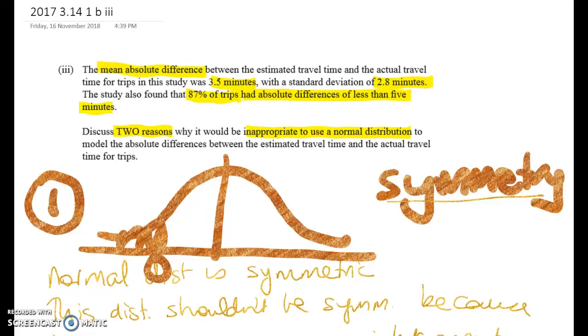The last thing, and actually the easiest thing to do here, is to compare the model with what actually happened in real life. The study found that 87% of trips had absolute differences of less than 5 minutes. It's always a good thing to compare the actual, experimental number with the theoretical or model number.